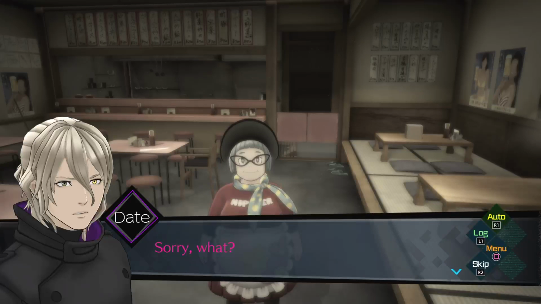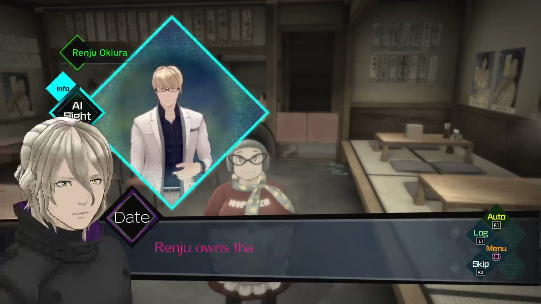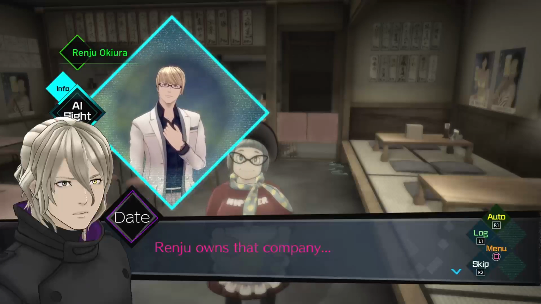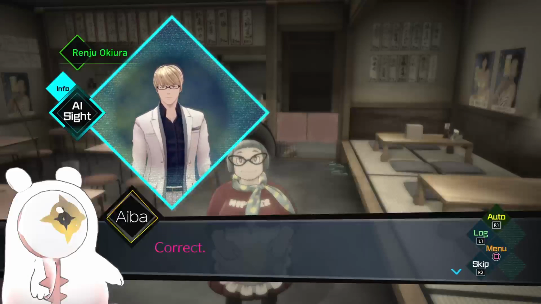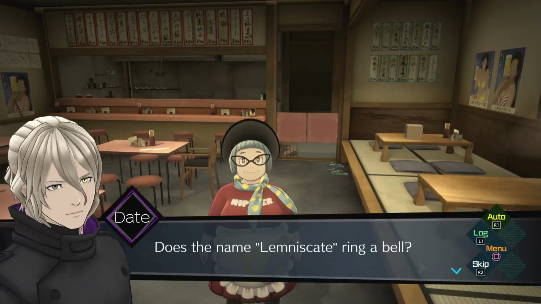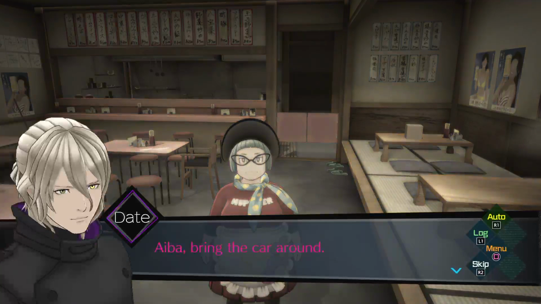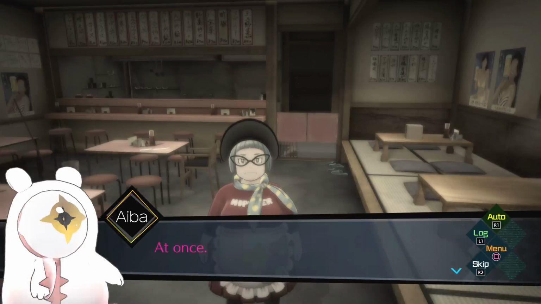Sorry, what? I repeat, Lemniscate. Renju owns that company. Correct. Excuse me. Does the name Lemniscate ring a bell? Oh, yes! That's where Ota goes. Iba, bring the car around. At once.